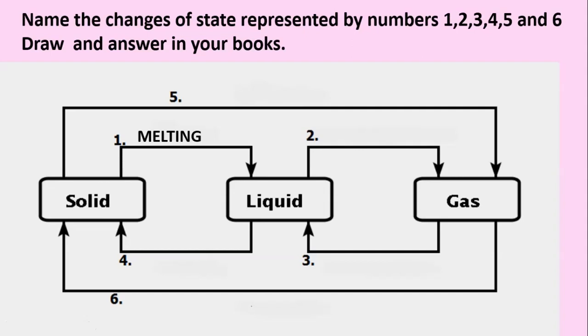Number 2 is evaporation. Very good, Nawami. Does everyone have evaporation for number 2? Let's hear what the others also have. Nanyanzi, unmute yourself. For number 3, is... No, number 2, Hosanna.